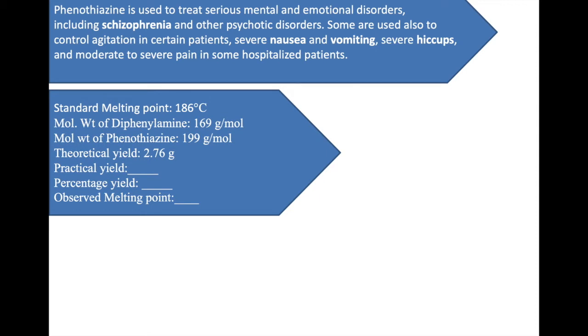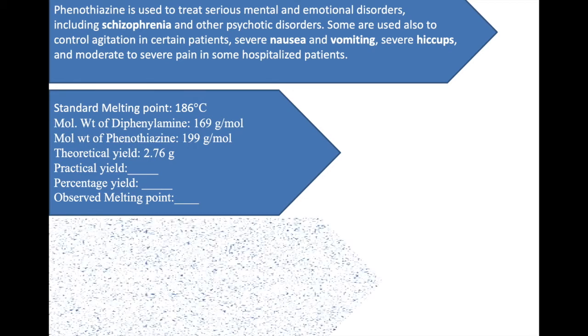Now let's look at the standard values given here. The melting point of phenothiazine is observed as 186 degrees Celsius as per the Indian Pharmacopoeia. Now looking at the calculation, for the theoretical yield calculation we require the molecular weight of the primary material and the final product.